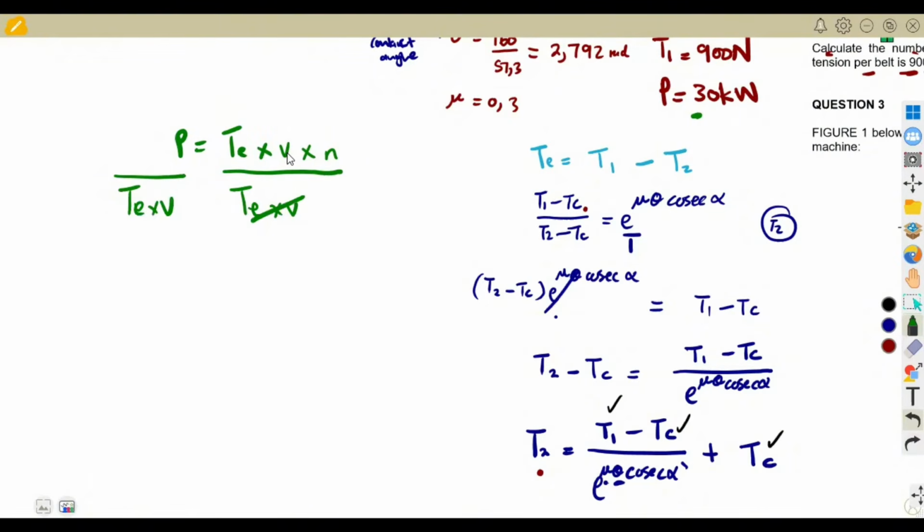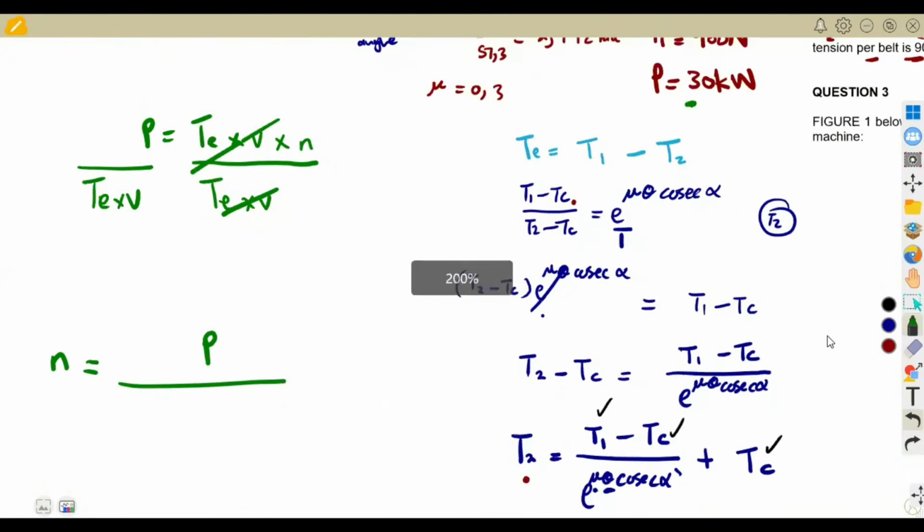We've got the number of the V belts. In actual sense, the number of the V belts is equal to the power that we are given, over this one, the most important part. That is why we were calculating T2.